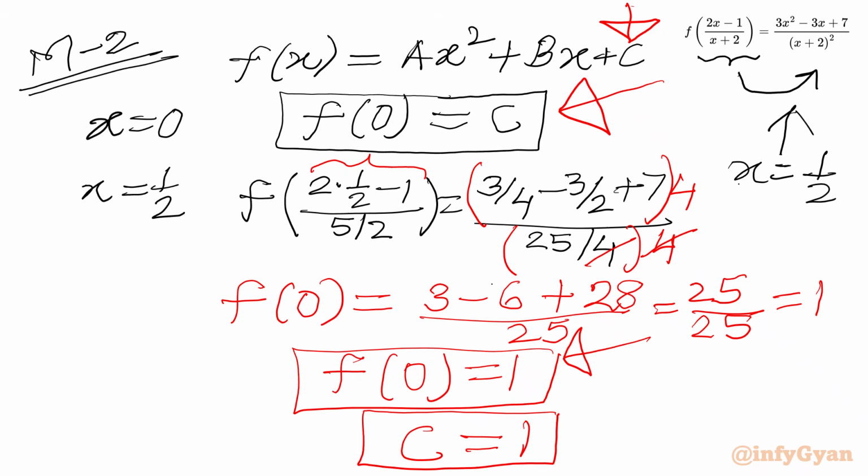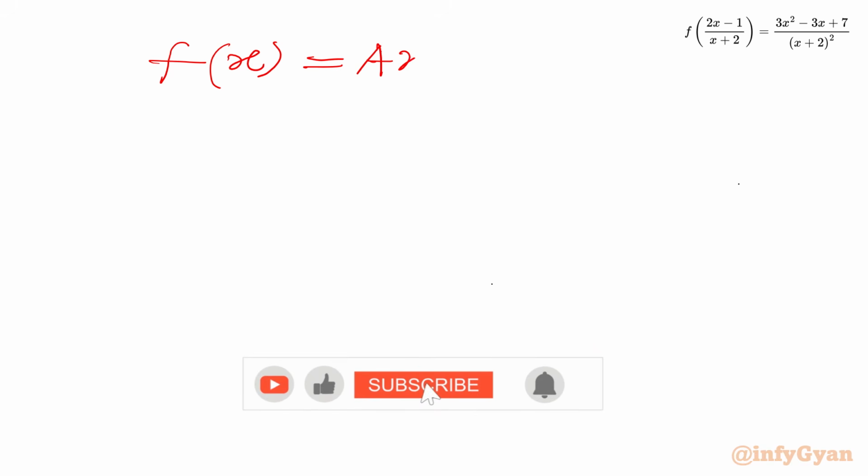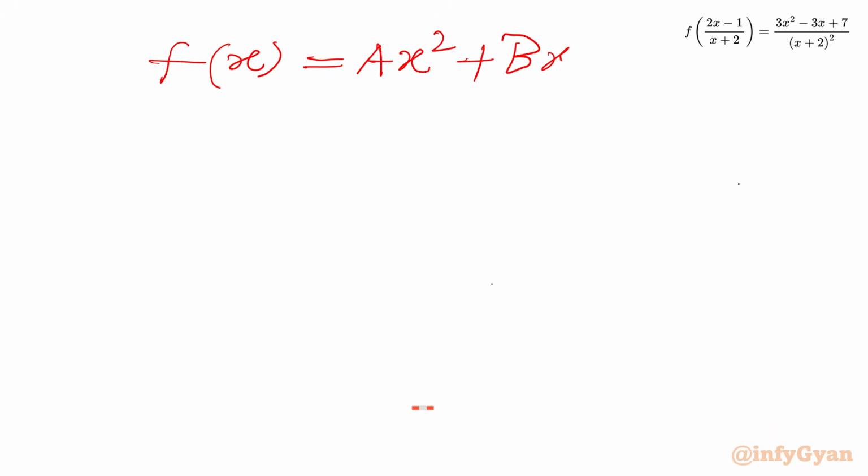So I will write f of x. This should be equal to ax square plus bx plus 1. Now we are going to put x equal to 0 and x equal to 2. Putting x equal to 0 in our equation, we will get f of minus 1 over 2.